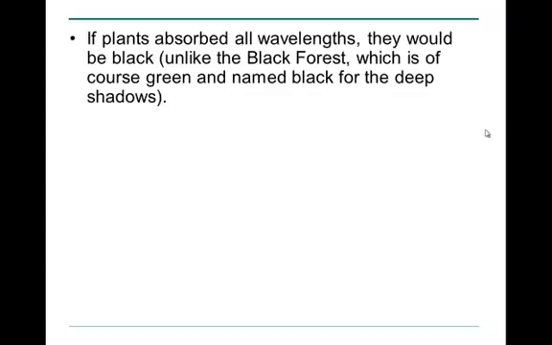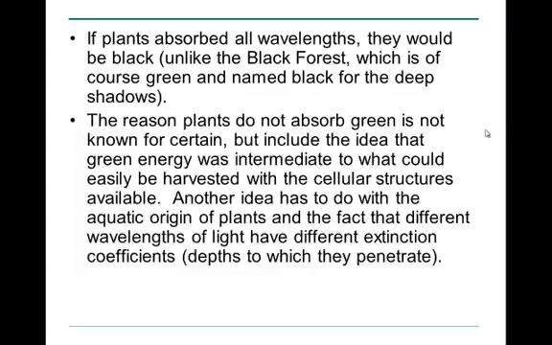And so it might have something to do with that in some vague way that I don't fully comprehend at this time. But a more, I think, substantiated hypothesis is that green was just in between the little mechanisms in the cell that could absorb it. The energy of green was in between. And it kind of fell through the cracks almost, if you will. And so those are the two hypotheses, I suppose. And that will conclude this module about light and light harvest.